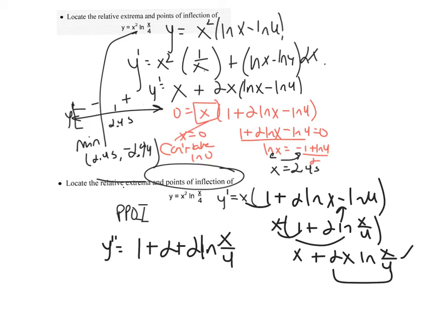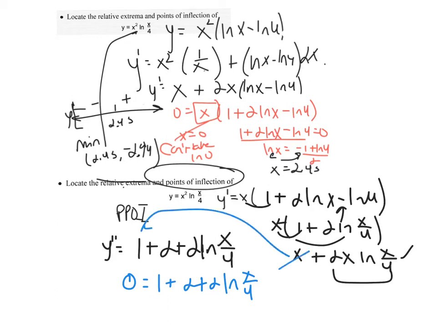Then you want to set that equal to 0, right? If you didn't get that, just a reminder that the derivative of x was just 1, so that's out.